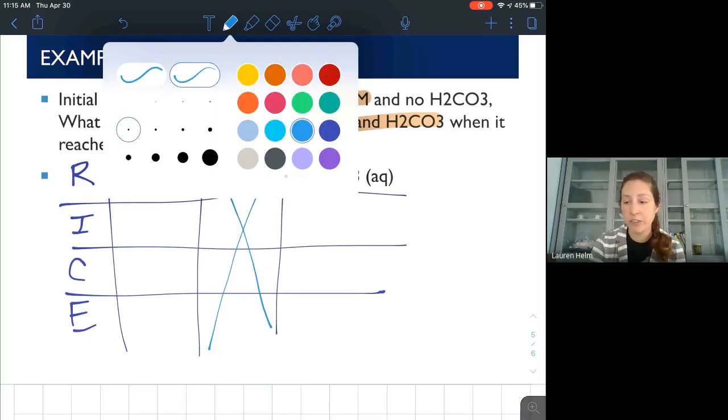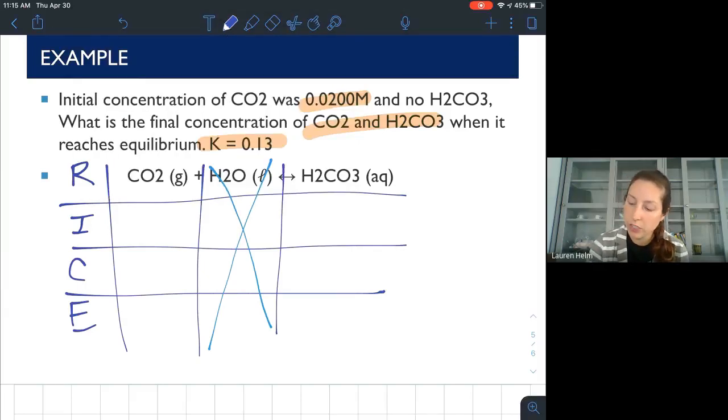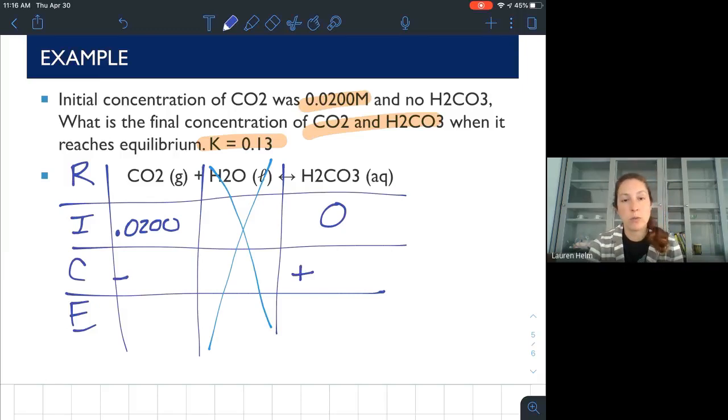All right, I'm going to go back to filling in what I know. The initial concentration of the carbon dioxide gas is 0.02 molar and no H2CO3 or carbonic acid. Next, what we want to do is we want to say, what do we know? Okay, well, I'm going to gain product and I'm going to lose reactant.